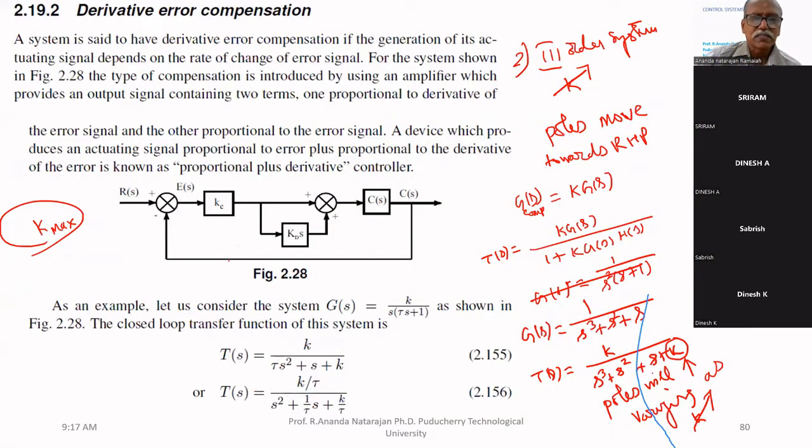Derivative error compensation, that is KDS. What are we getting here? This E, the error, is multiplied by Kc, which means proportional control, proportional compensation.